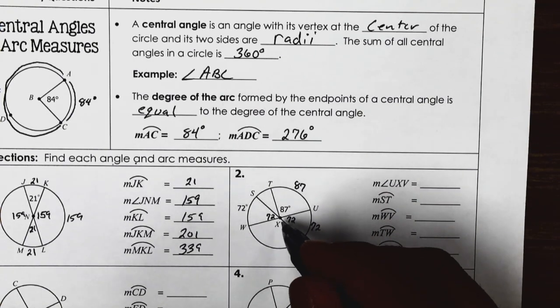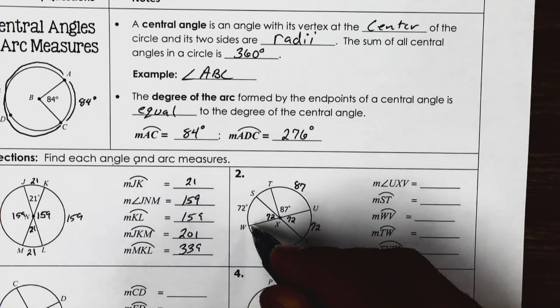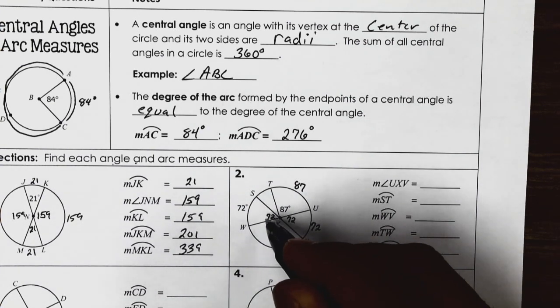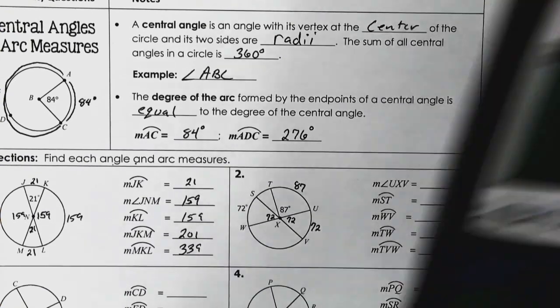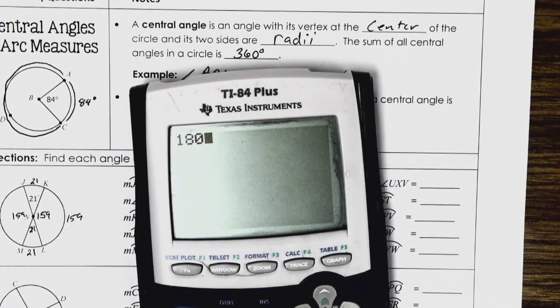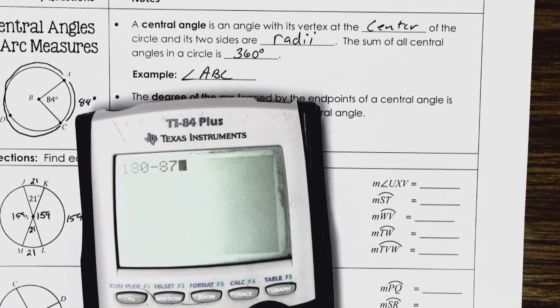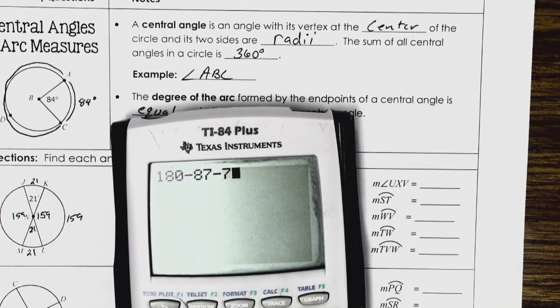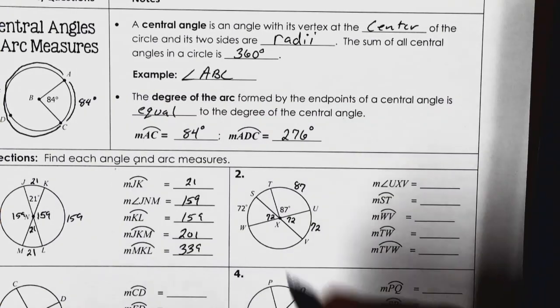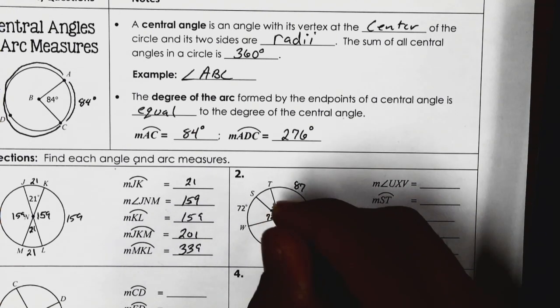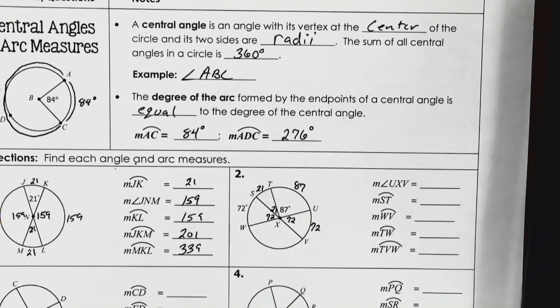And then all 3 of these angles have to add up to 180 because it forms a straight line, so I'm going to do 180 minus that 87 and 72. That gives me 21. So this angle right here is 21, which means this arc is also 21.